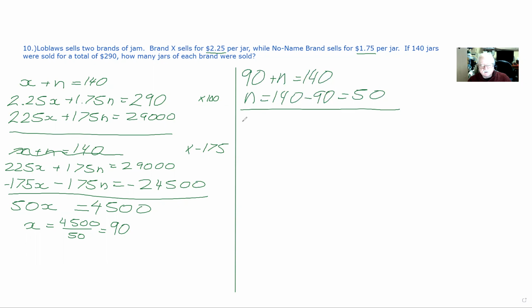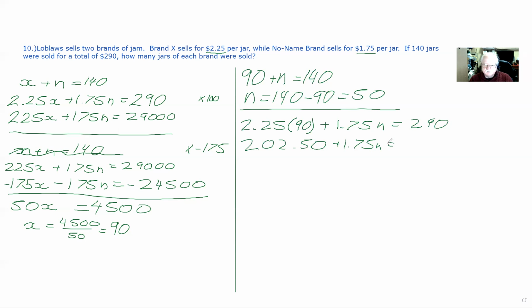So now let's go back to 2.25 times X, which we think is 90, plus 1.75 times N being equal to 290. So what do we get when we go 2.25 times 90? It's 202.50. Still 1.75N equals 290.